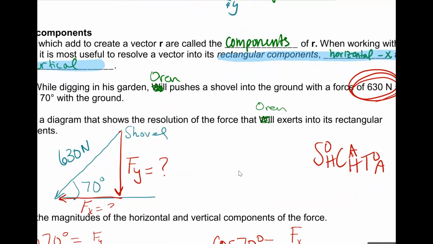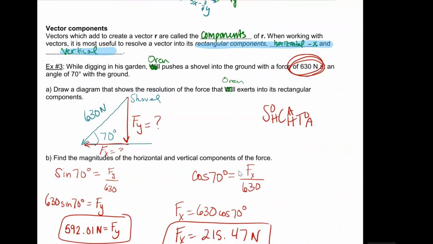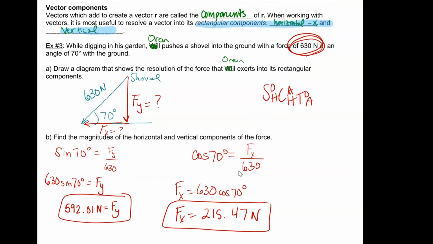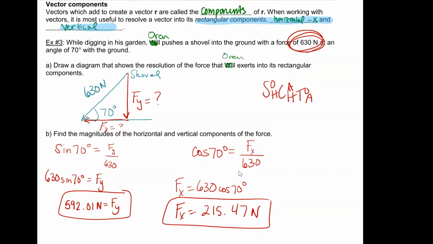So vector components. Vectors which add to create a vector R are called components of R. So if you have a triangle, or if you have a vector, you can break it up into its x and its y components. For physics, this is how you find 2D motion, because you break it up into horizontal and vertical.